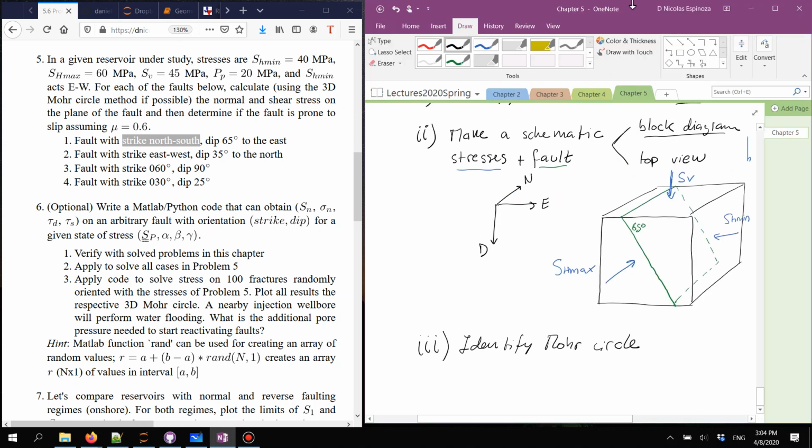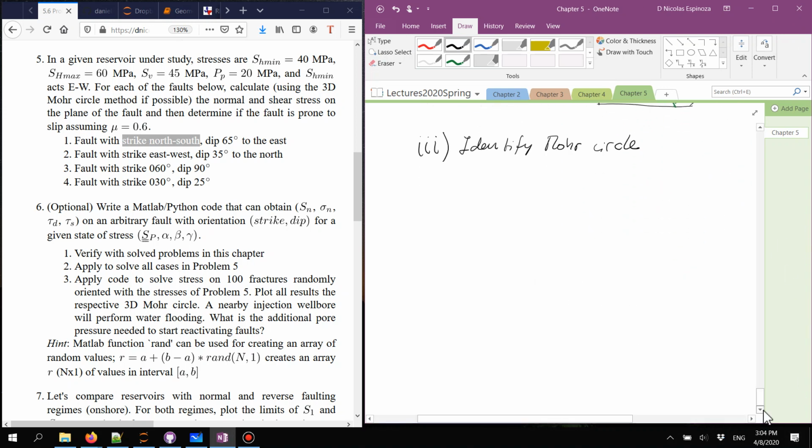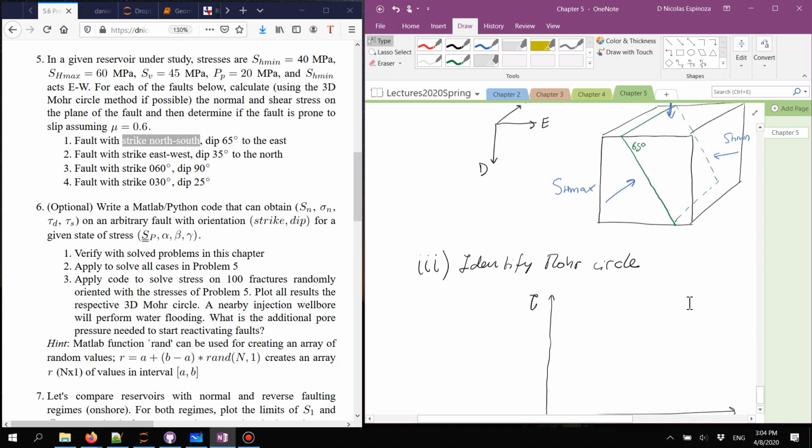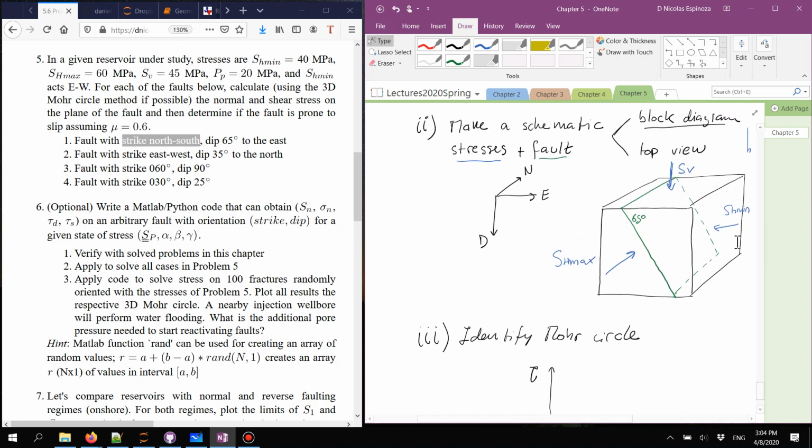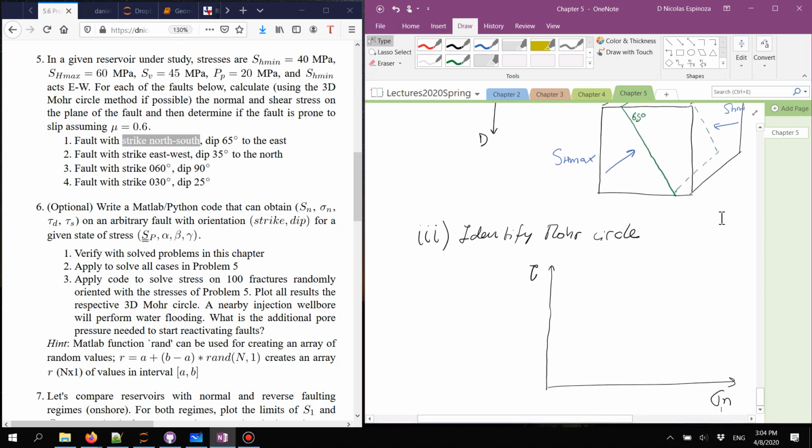The Mohr circle is going to have a y-axis, which is shear stress, and an x-axis, which is effective normal stress, and I'm going to need the effective stresses for SV and SH min.